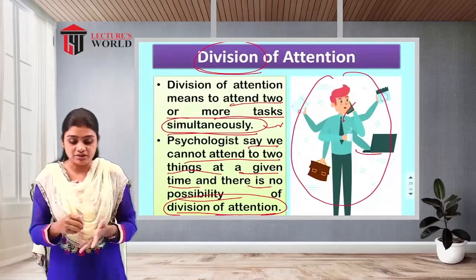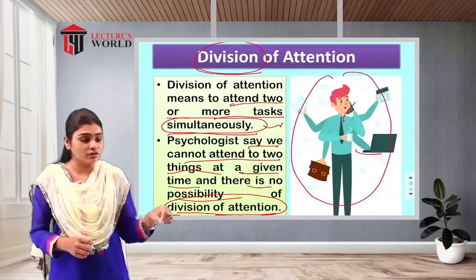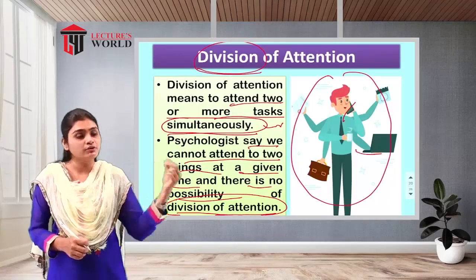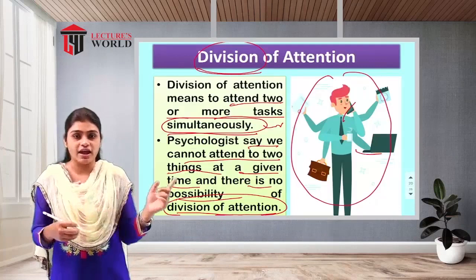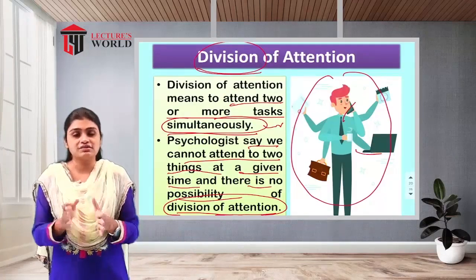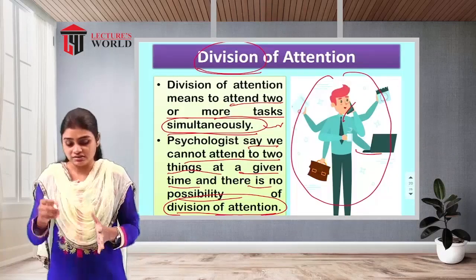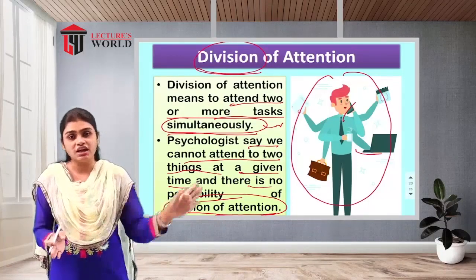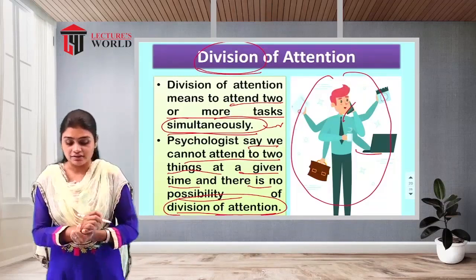For an example, right now if I am teaching, at the same time I cannot talk on the cell phone or write something or do any other activities. If I do another activity, then my attention will go from this teaching to somewhere else. So this division is not possible. When we do this type of thing, one activity will be disturbed and our focus will shift to the other activity. So that is called your division of attention.